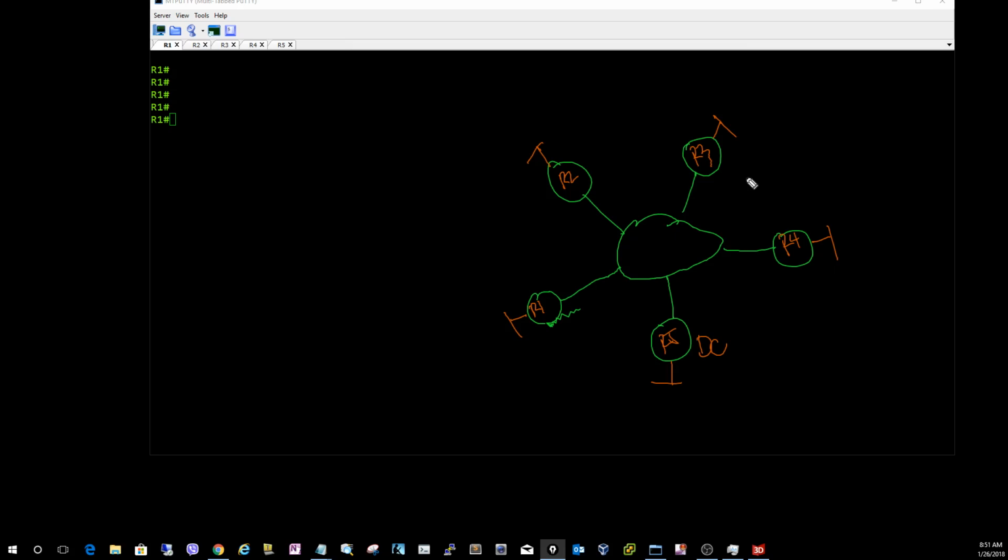What if they add more branches in the future because they are in a period of growth? Or they can do a DMVPN configuration wherein R5 right here, which is the DC, can act as the hub, and everybody else is going to create a pairing with the hub, R5, which is the DC, and they can form a hub and spoke topology, something like this.